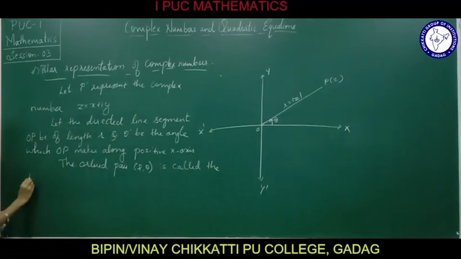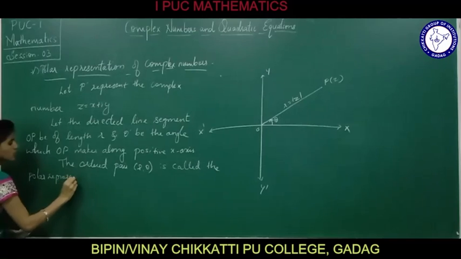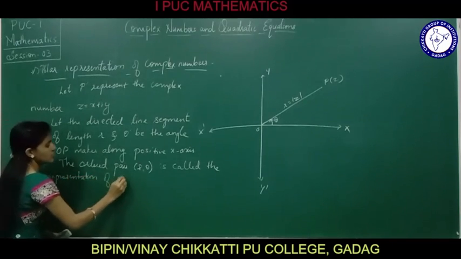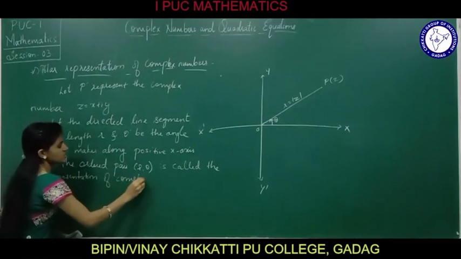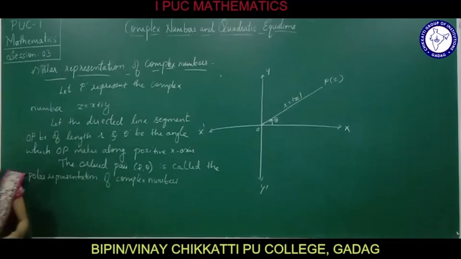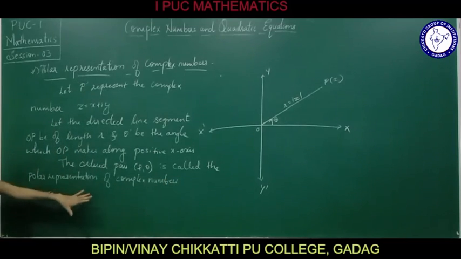Polar representation of complex numbers, or we can just say they are the polar coordinates.